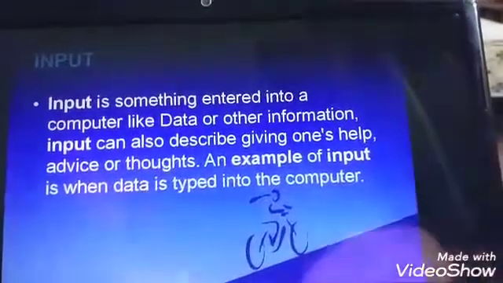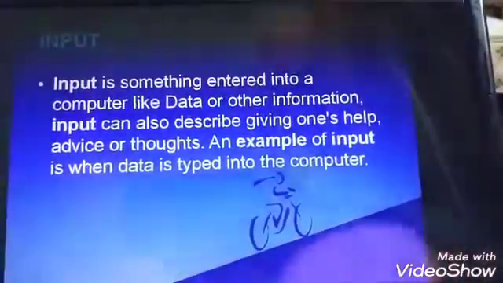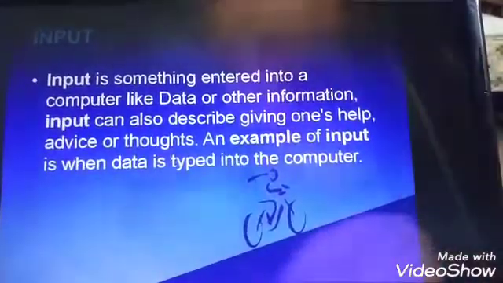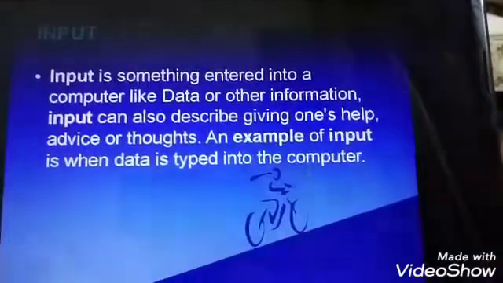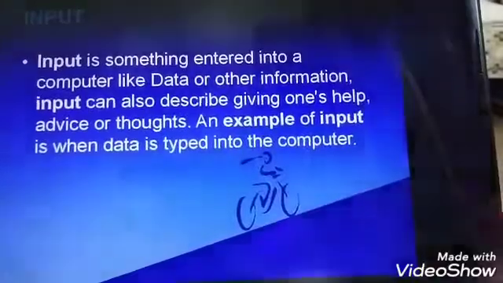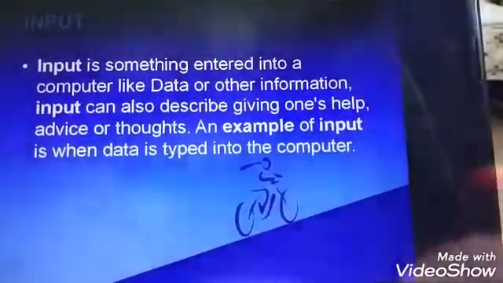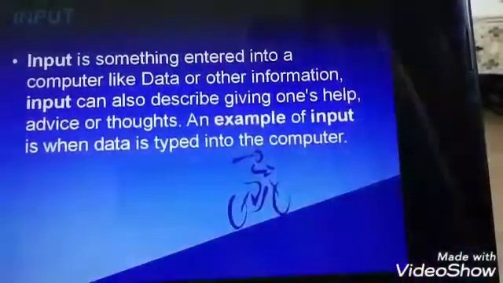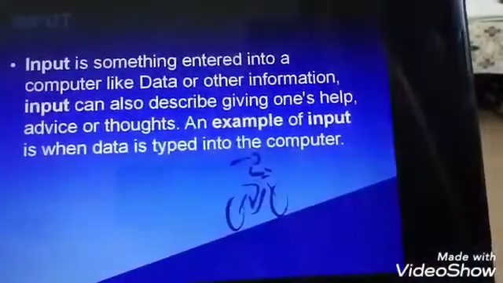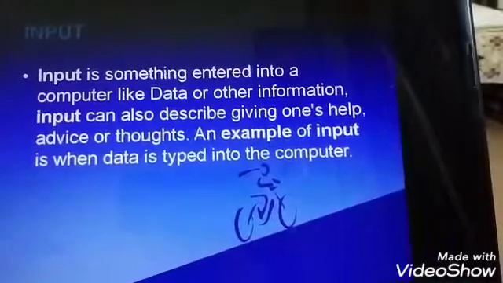Data or other information you enter into a computer is input. Input can also describe giving one's help, advice or thought. An example of input is when data is typed into a computer. Yes, students, when you type data into a computer, it is considered input.